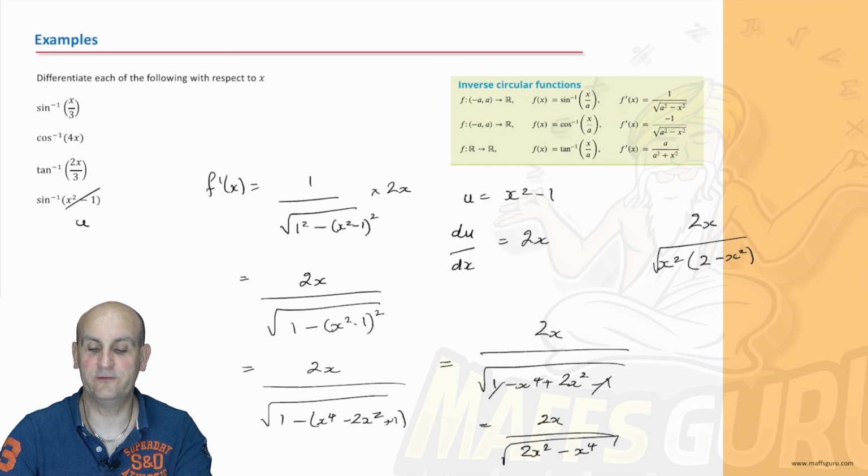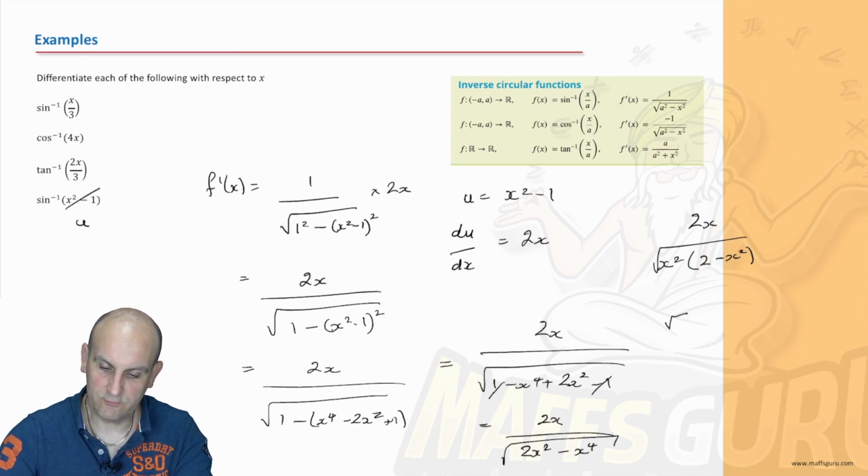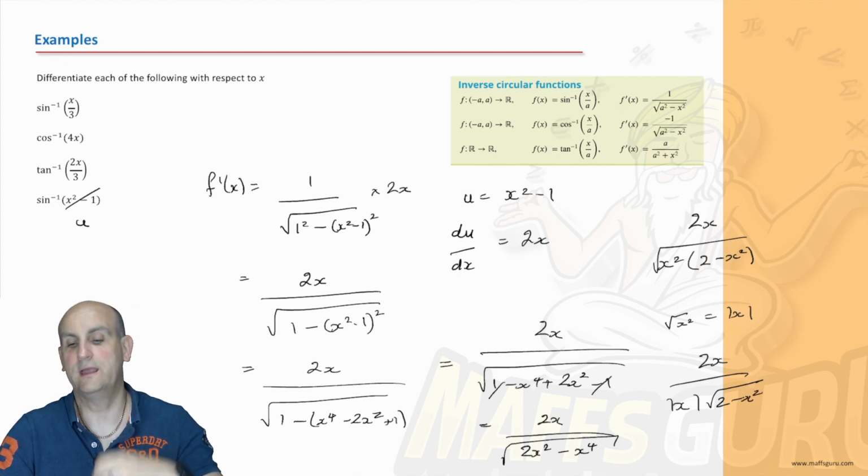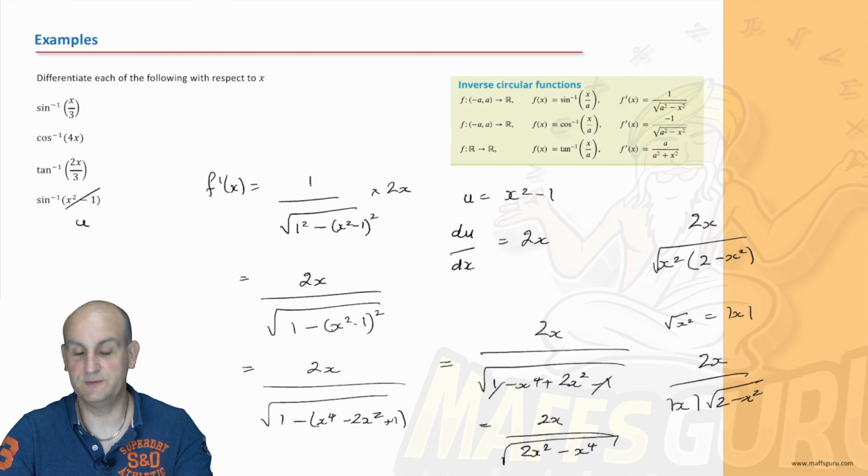And what do you notice about the square root of x squared? Be careful here. So the square root of x squared is actually the modulus of x. So in that situation, we get 2x on mod x times the square root of 2 minus x squared. So we've got to work out what happens there with possible solutions, because modulus of x can take two values. Yes, it can be plus x and it can be minus x.